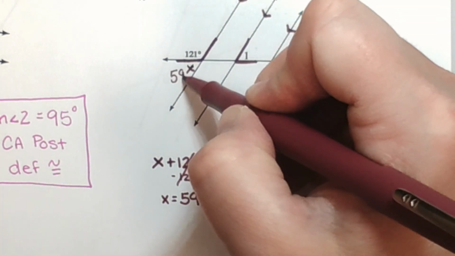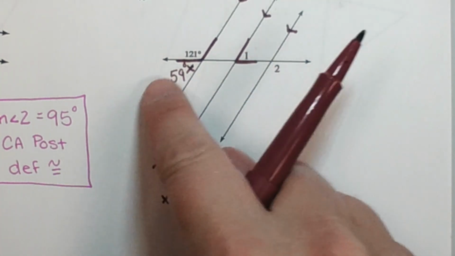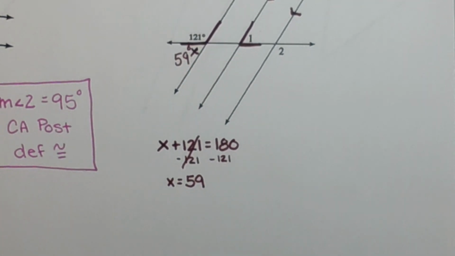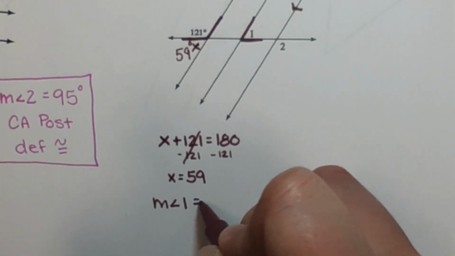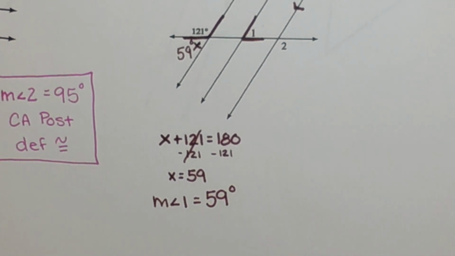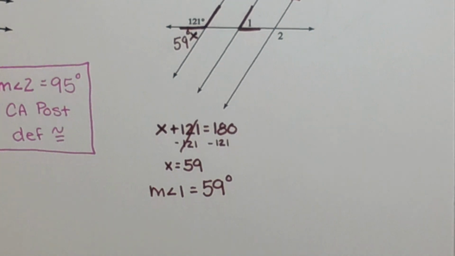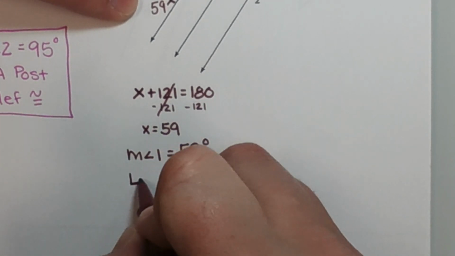So now that I know that this is 59 degrees, I can use the fact that these were alternate exterior angles and therefore are congruent. So that means that the measure of angle 1 is equal to 59 degrees. But what postulates and theorems did I use to get there? First off, I used linear pair, which means I used the linear pair postulate.